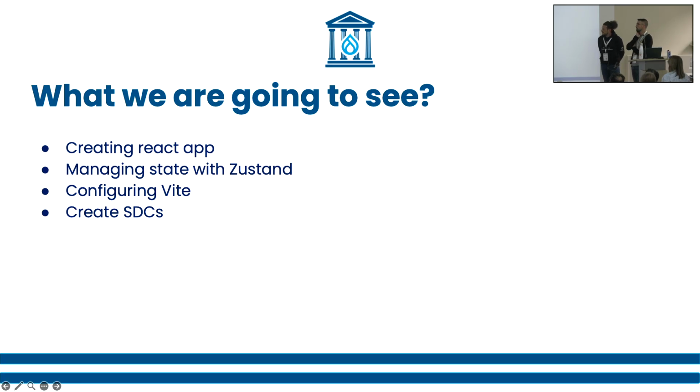From there, we are going to configure Git. Then we are finally building self-contained components that each have a single responsibility, either reading or updating the state.